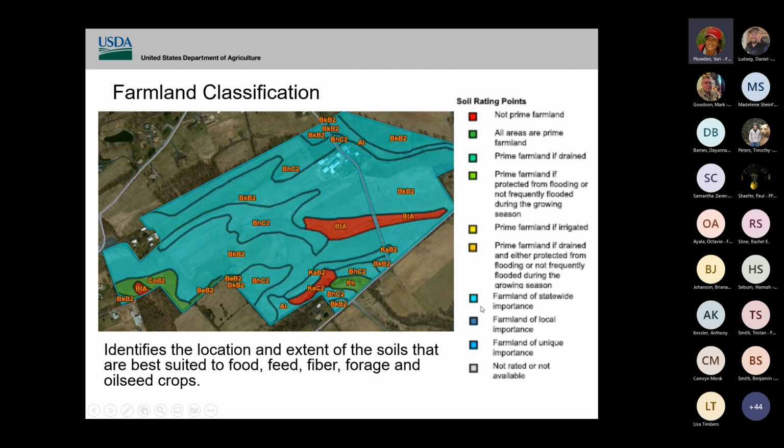And we do have lots of farmland of statewide importance. And we have some farmland of local and unique importance, like I'm thinking of the grape growing regions in the northwest part of the state. And also different counties may want some of their better soils to be classified as farmland of local importance in order to qualify them for some of the farmland protection.